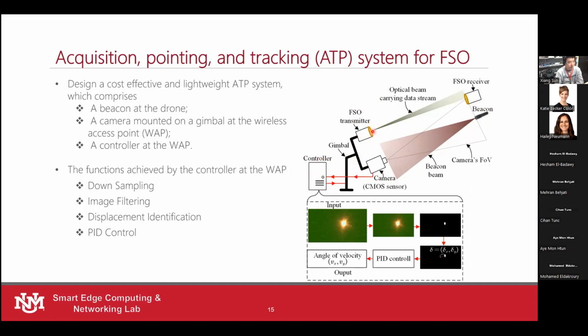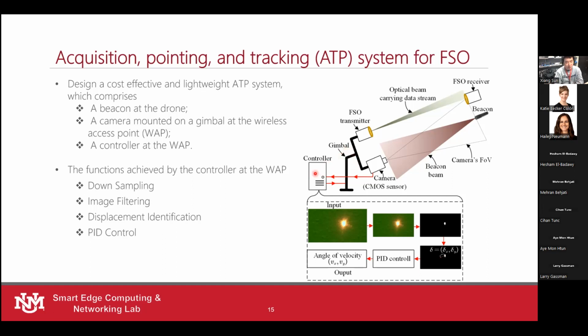We also have the FSO transmitter at the base station and the receiver at the drone. The camera is used to capture the beacon signals sent from the UAV, and the controller analyzes the beacon signal in the image to understand the relative position of the UAV, and then adjusts the gimbal accordingly to reduce the pointing loss.